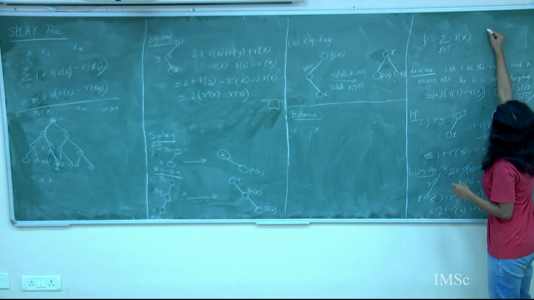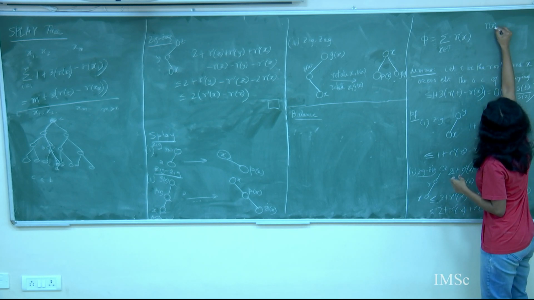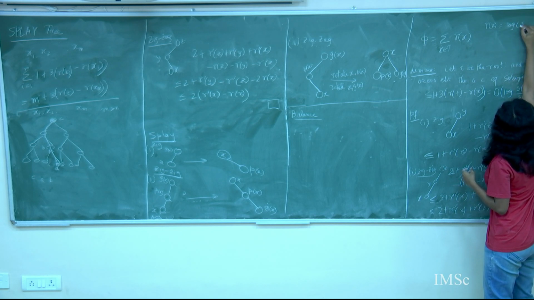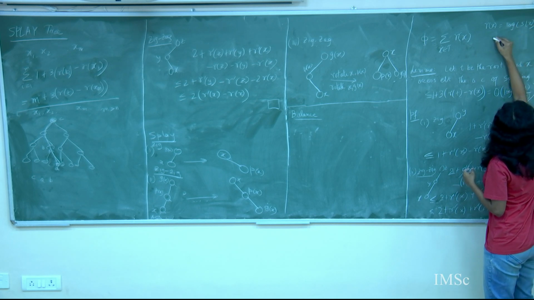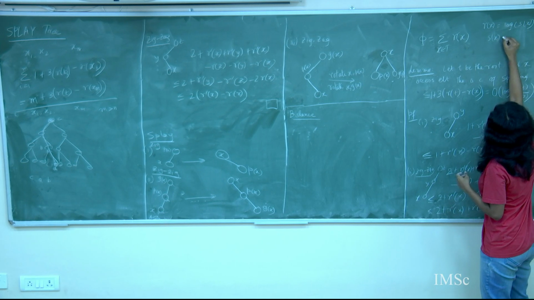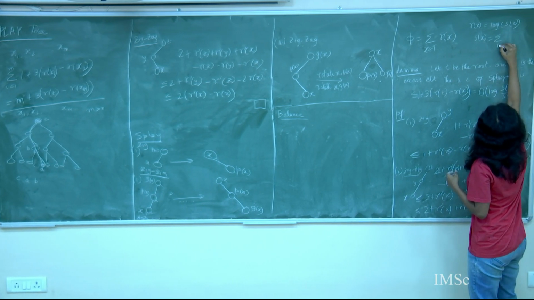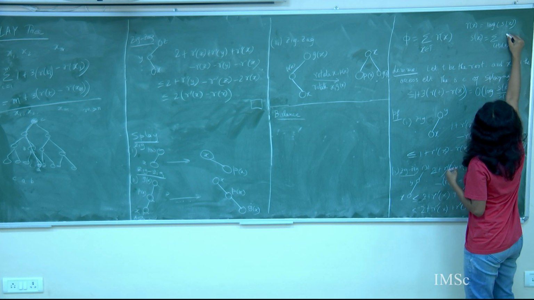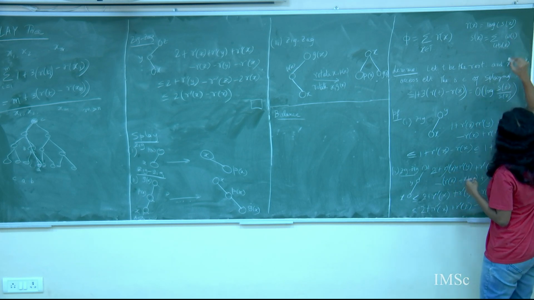Let me write it here. What is r of x? r of x is log of s of x, and s of x is the sum over i belonging to tree of x, of weight of i, right?